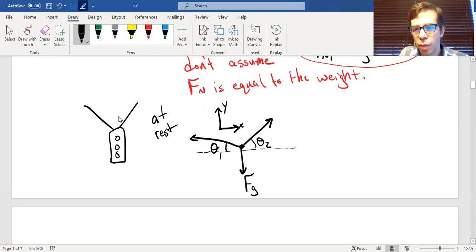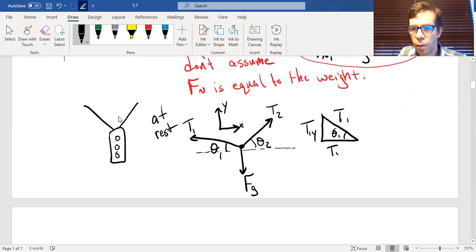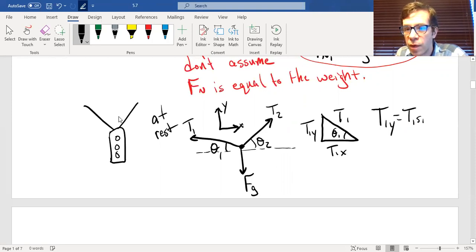So now I need to break up my forces. We'll call this T1 for the string on the left and T2 for the string on the right. I need to break up my tensions into components. Looking at this, T1y is my opposite side, so that's going to be equal to T1 times sine theta 1.